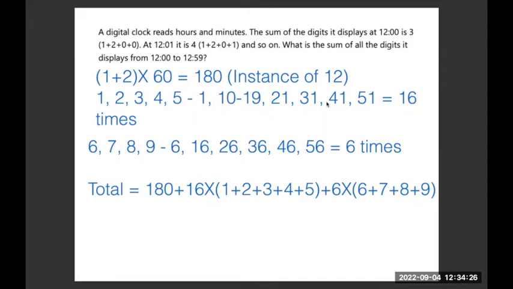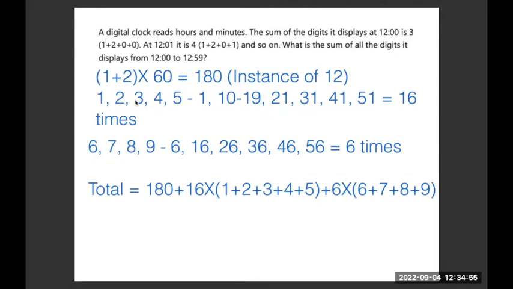The numbers where the number 1 happens are 1, 10 to 19, 21, 31, 41, and 51. These are the only numbers where the number 1 happens. So this is 15. So 10 numbers here, then 11, 12, 13, 14 and 15. But there will also be 11 which will happen.